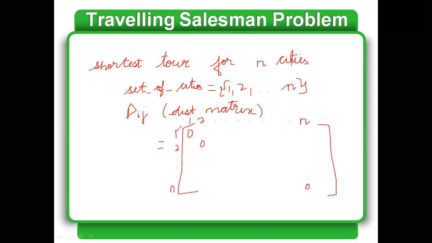The rest give me the distance. So between city 1 and city 2, what is the distance? Let's say it is 10 kilometers. It would be the same on both sides. Similarly, between 2 and 3 and 1, it should be, let's say, 42. We take a unit, which can be kilometers, to represent the distance between the two cities in the form of this matrix.